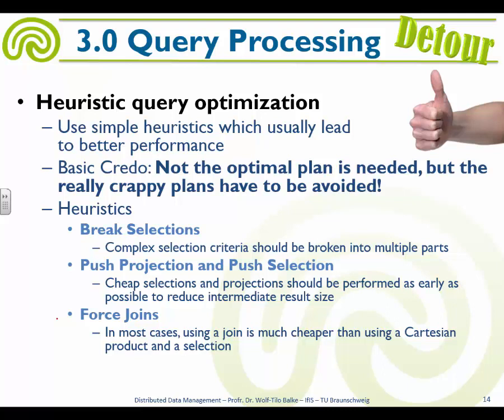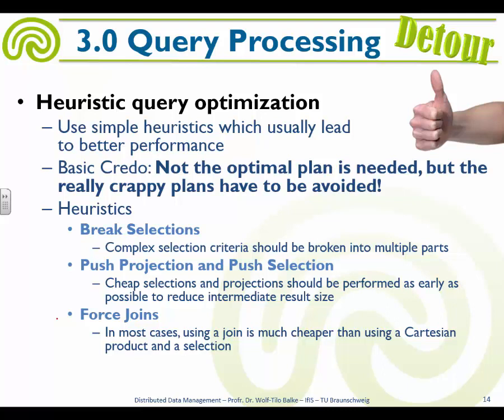Secondly, you know that certain operators are more expensive to perform than certain other operators. So what you want to do is to execute as early as possible those that are cheaper. And these are selections and projections. These are very easy to do. And at the end, what we want to do as well is to force joins. That means that whenever you see in the relational algebra expression that you have a Cartesian product that is followed by a selection, this is actually a join.